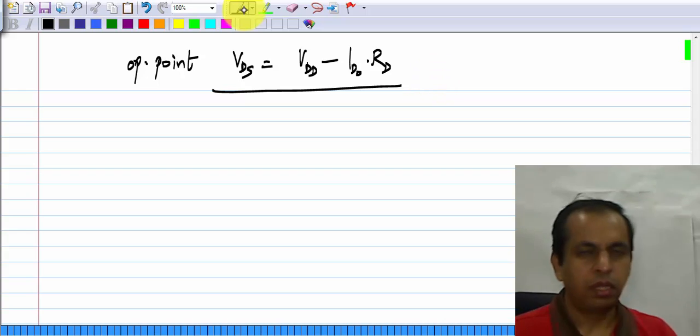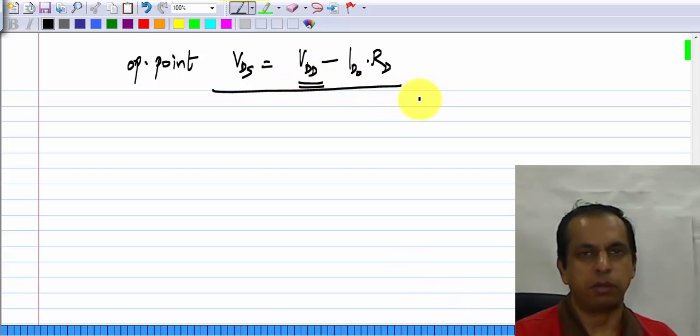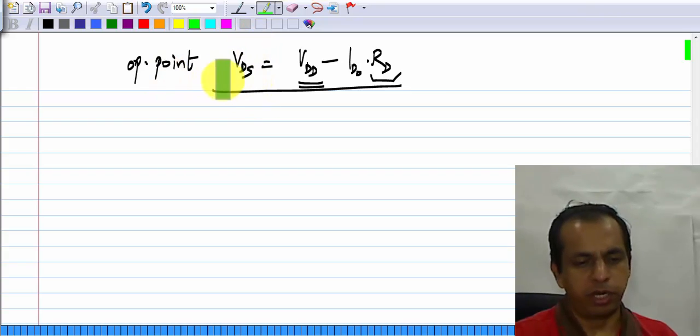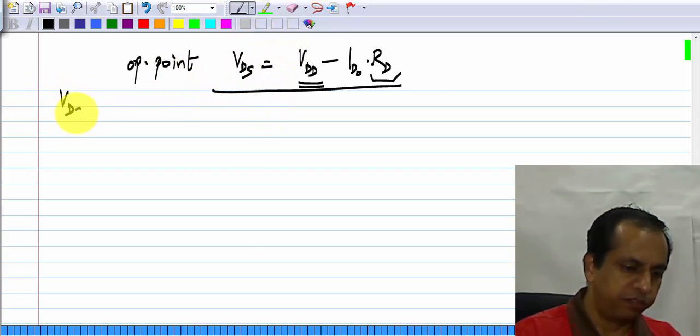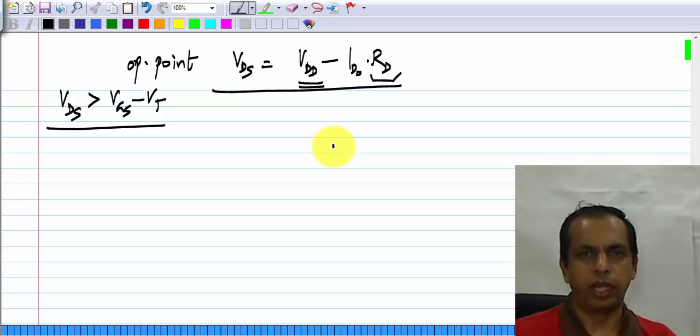Okay. Now, you can see what happens. If VDD is fixed, if the supply voltage is fixed, then if you go on increasing RD, this VDS will go on reducing, the operating point VDS will go on reducing. Okay. And we know that VDS has to be greater than VGS minus VT for the transistor to be in saturation. Okay.